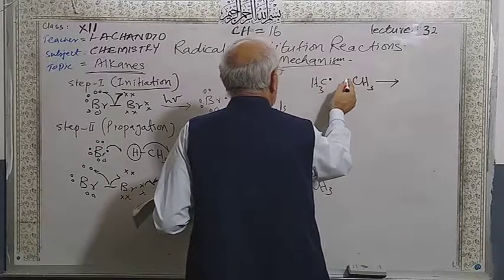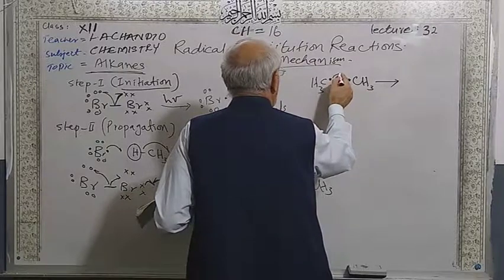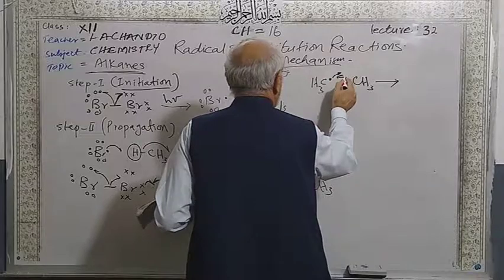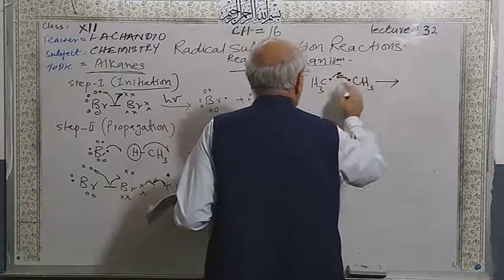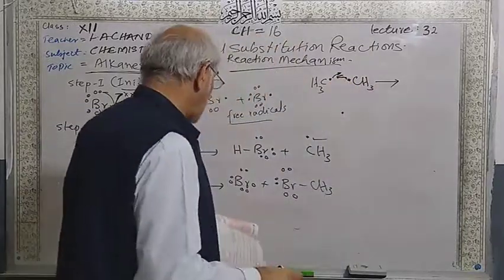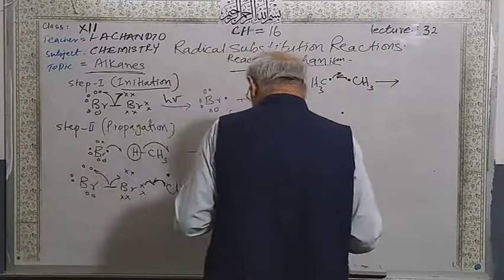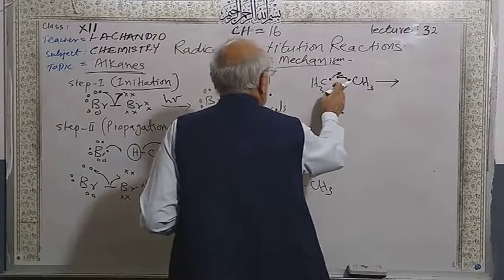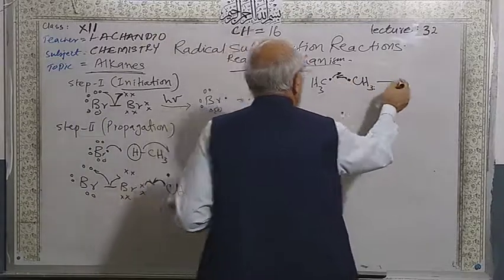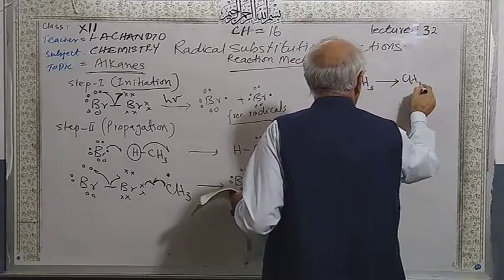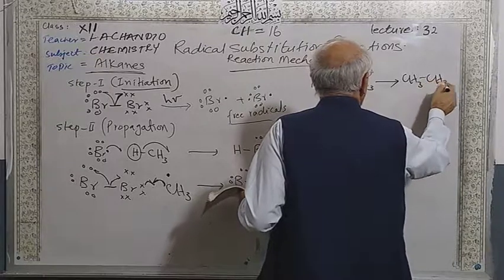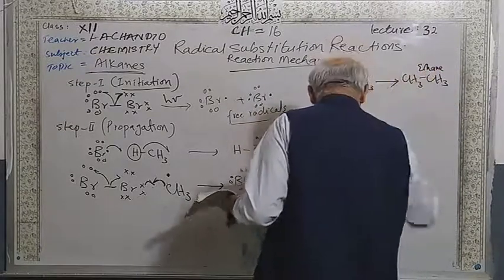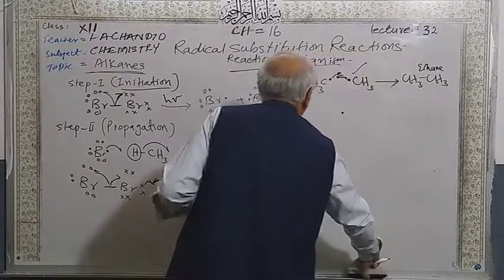So there is a formation like this one. The half curly arrow shows that there is a formation of a bond between the methyl and methyl radical to form ethane. This ethane is going to be formed here.